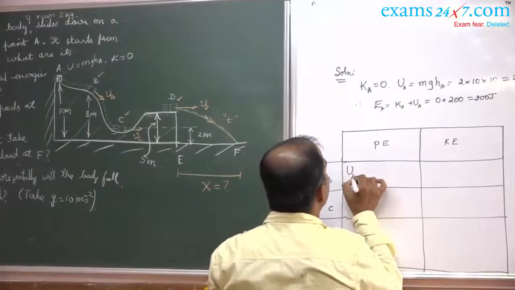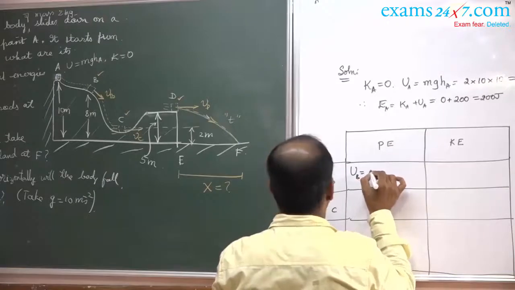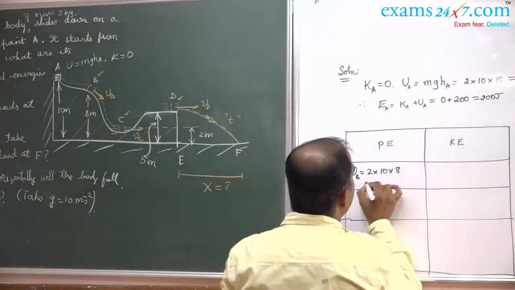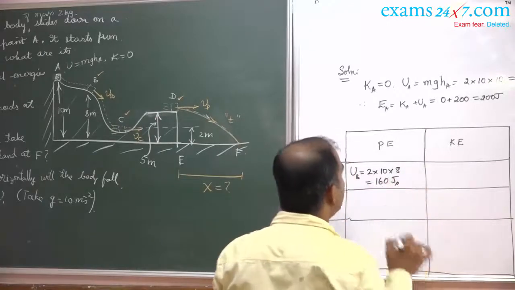Potential energy at B is mass times acceleration due to gravity times height, 2 times 10 times 8. So you get 160 joule.